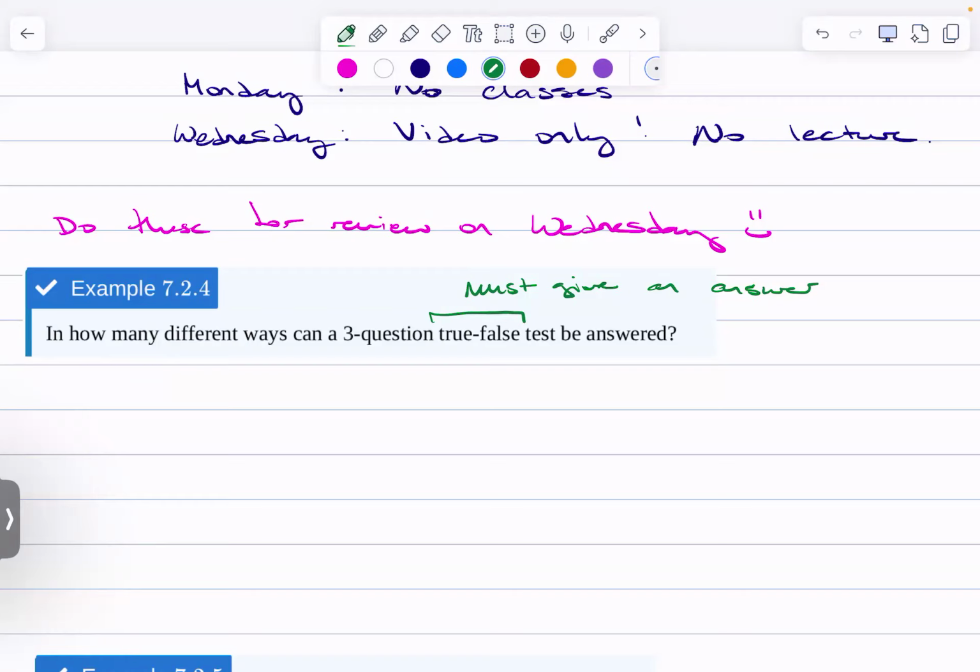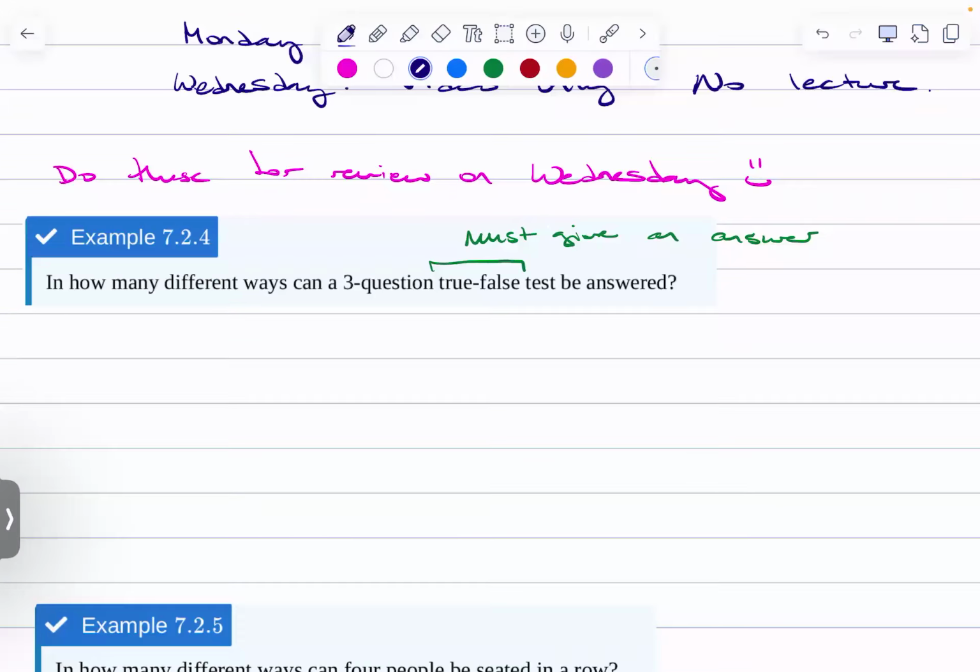And so let's assume that you have to give an answer in this true-false test. If you have 3 questions, you could have Q1, Q2, and Q3. Because you have to answer question 1 and question 2 and question 3.